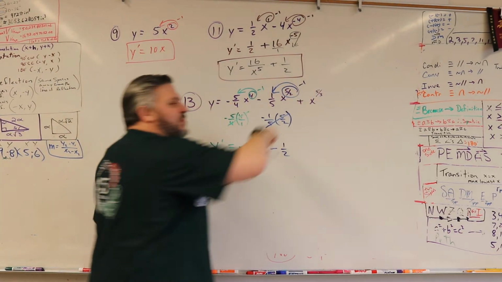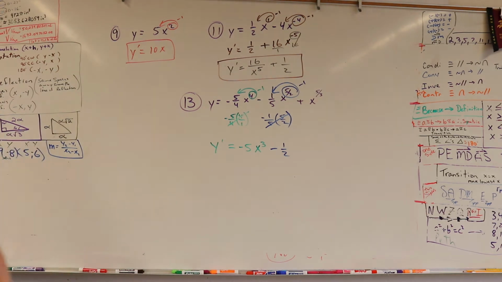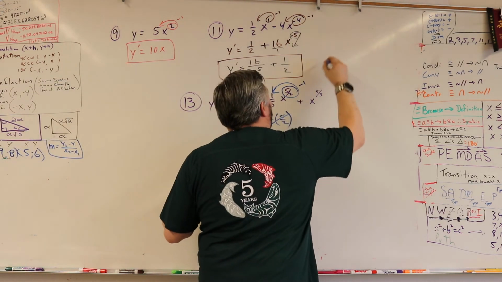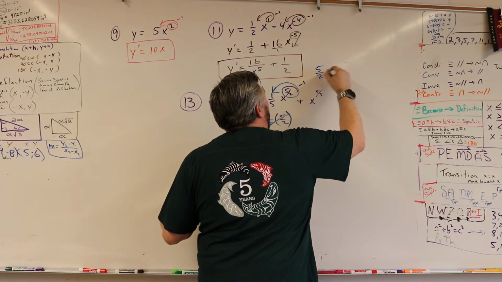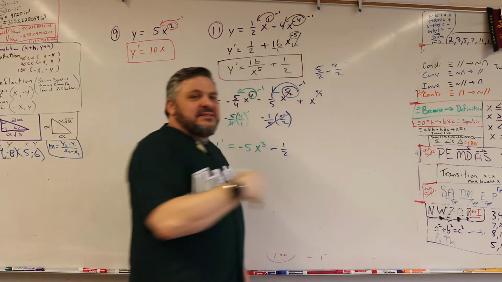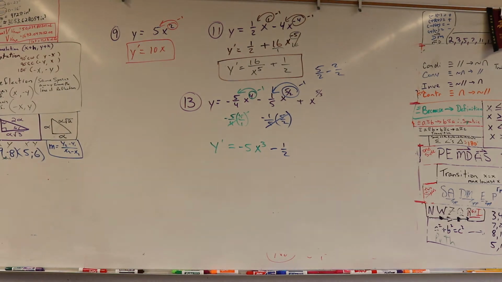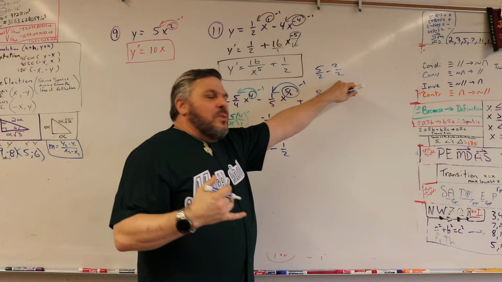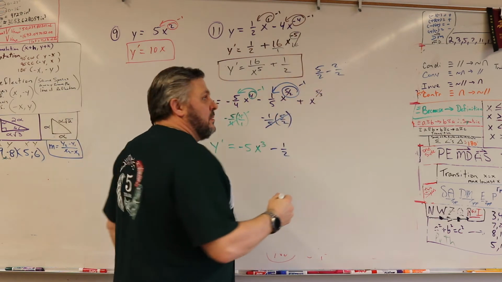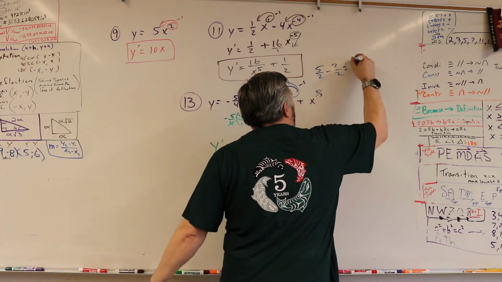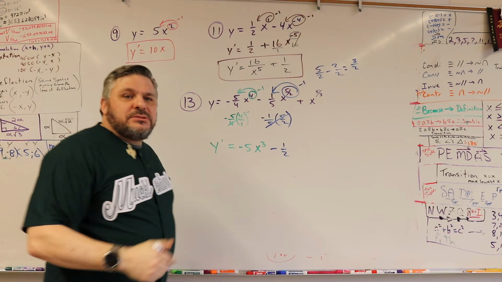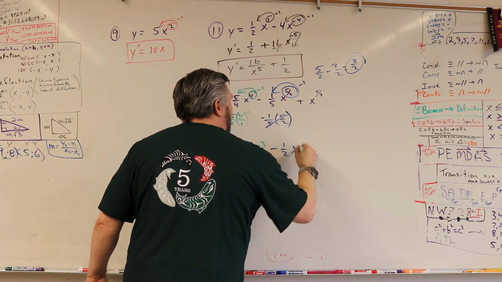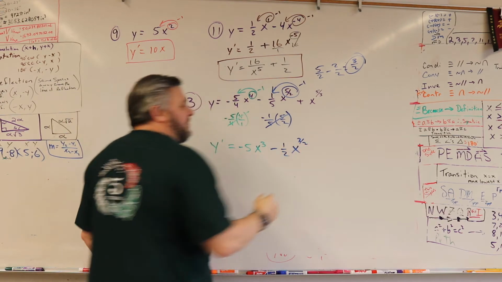So I'm going to subtract 1 from the 5/2. Now here, I'm going to go another level. I'm going to say 5/2 minus 2/2, because that's the same as 1, right? Because the bases have to be the same in order to subtract. So what is 5 minus 2? So that's where we're going to get x to the 3/2.